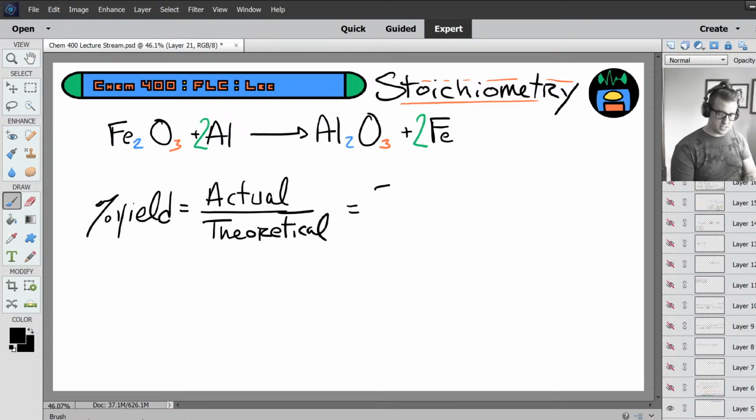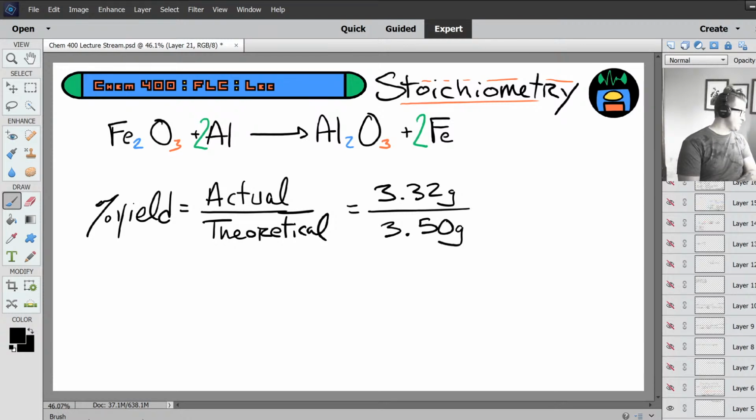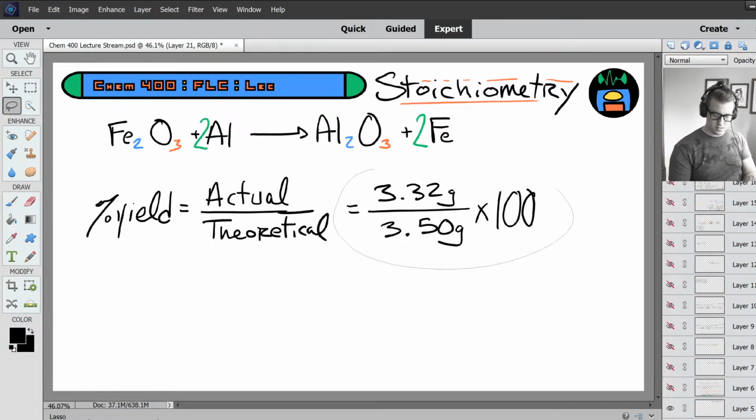The actual yield is 3.32 grams. And the theoretical we just found out was 3.50 grams times 100. I actually forgot to write that in over here.